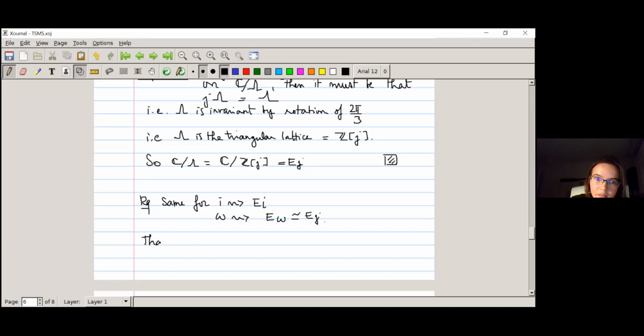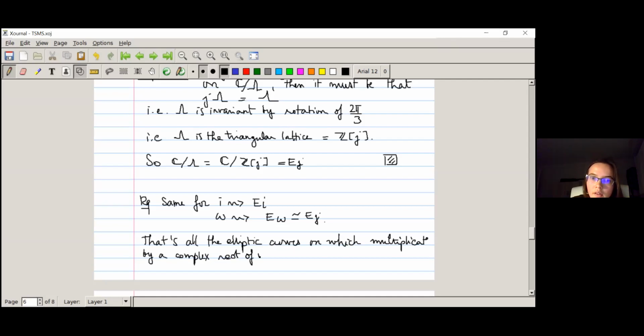So that's all the elliptic curves on which multiplication by a root of unity is an automorphism.